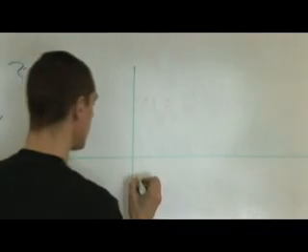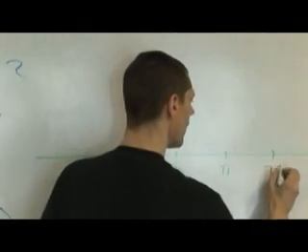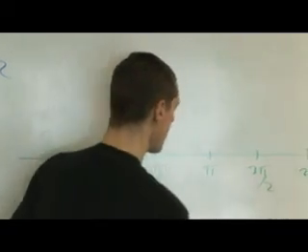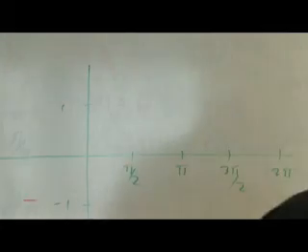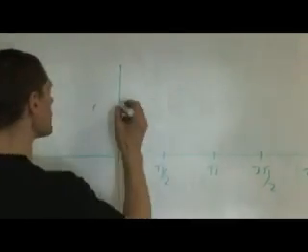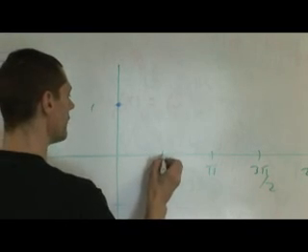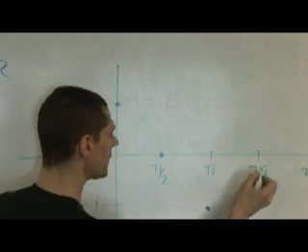However, just like sine, now let's do cosine. So cosine, I'll do this: pi over 2, pi, 3 pi over 2, and 2 pi. Here is 1, here is negative 1. Let's take a look at cosine once again. This would be good to know. Cosine of 0 is 1. Cosine of pi over 2 is 0. Cosine of pi is negative 1.